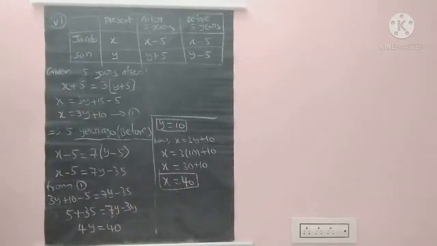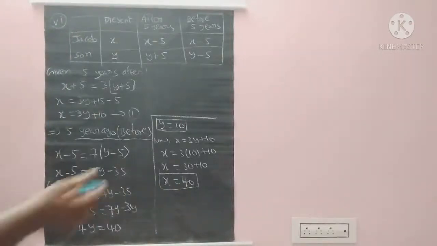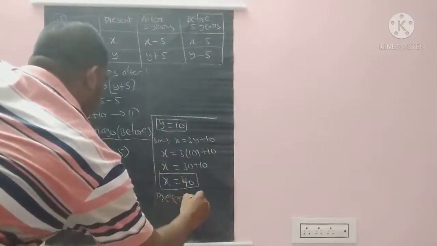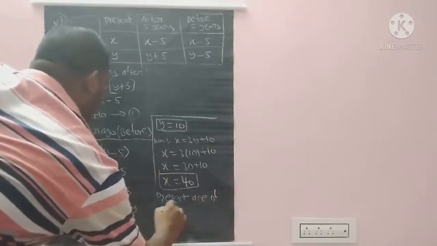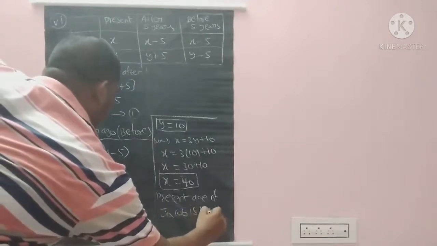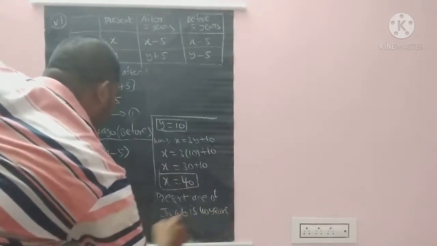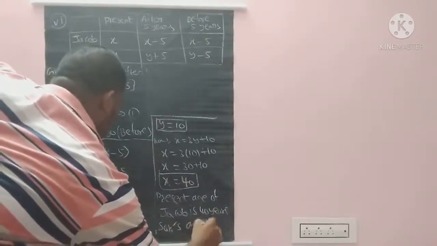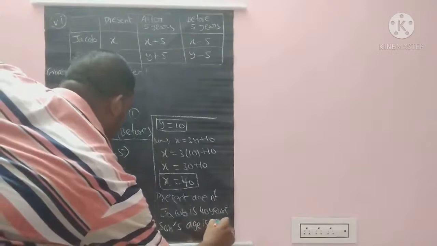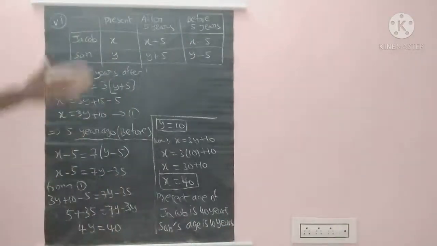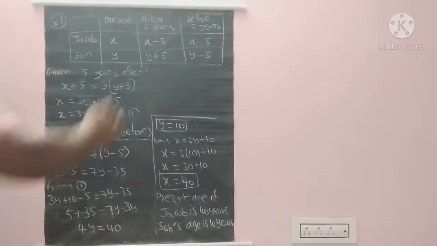Present age of Jacob is 40 years. Son's age is 10 years. So like this we need to solve these age problems.